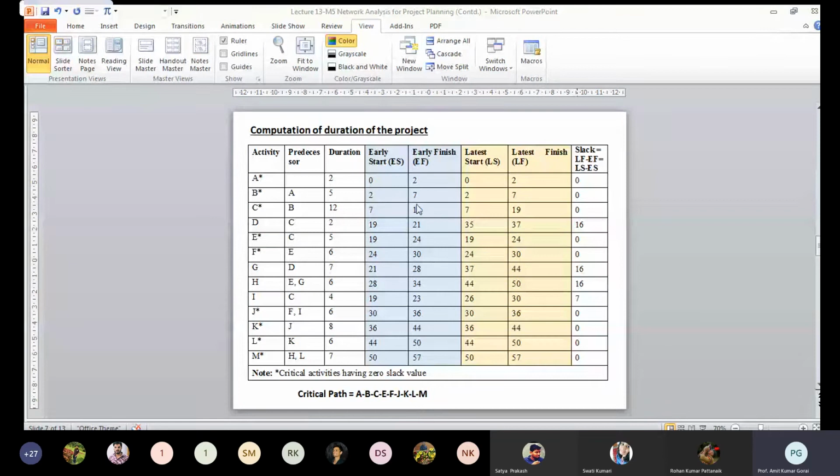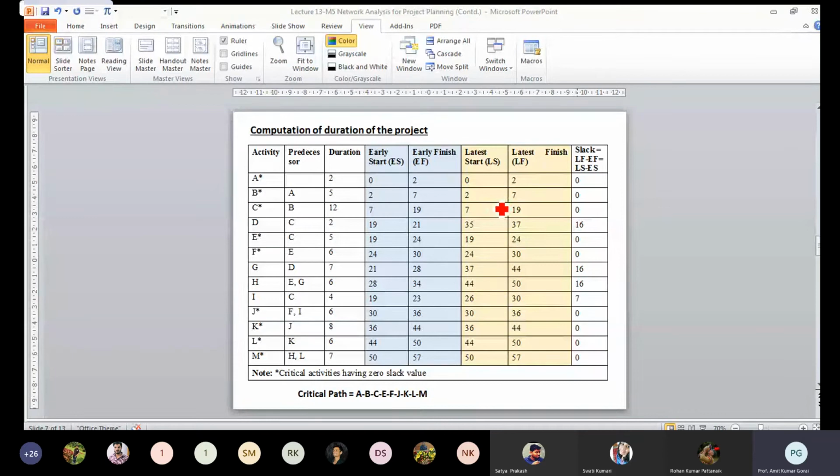It means C is followed by D, E and I. For D, the late start is 35, for E the late start is 19, and for I the late start is 26. So 35, 19 and 26.